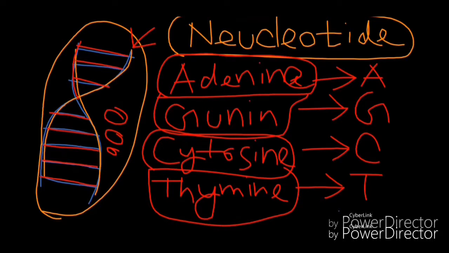You see. So how they will be arranged one after one will mainly define the characteristics of that animal or of that cell, and their arrangement is the code for life.